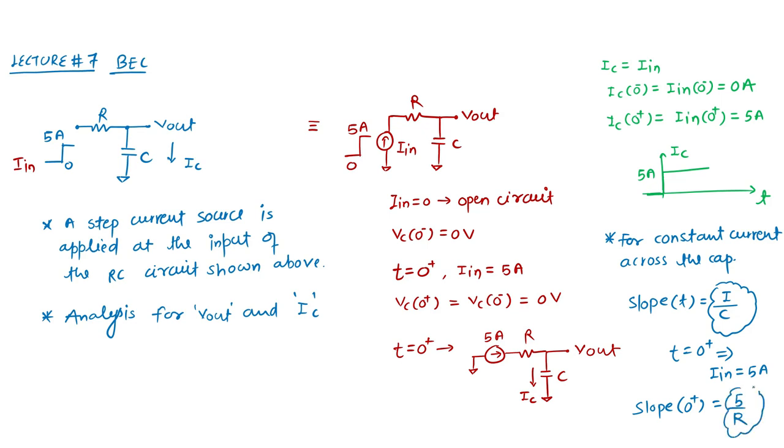After the 0 instant, after t equal to 0, IC equal to 5 ampere forever.